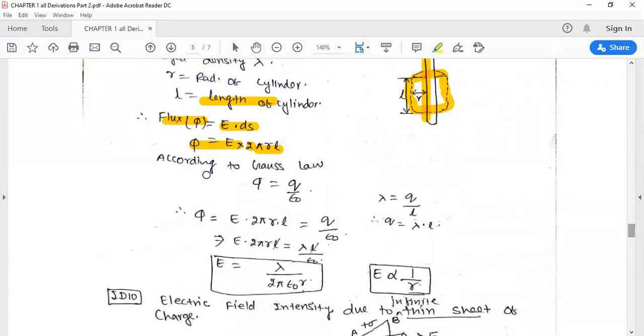According to Gauss theorem, phi equals q by epsilon naught. We also know that lambda, the linear charge density, equals charge per unit length, q by L, so q equals lambda into L. So phi equals E times 2 pi rL equals q by epsilon naught. So we can say that E equals lambda by 2 pi epsilon naught r.